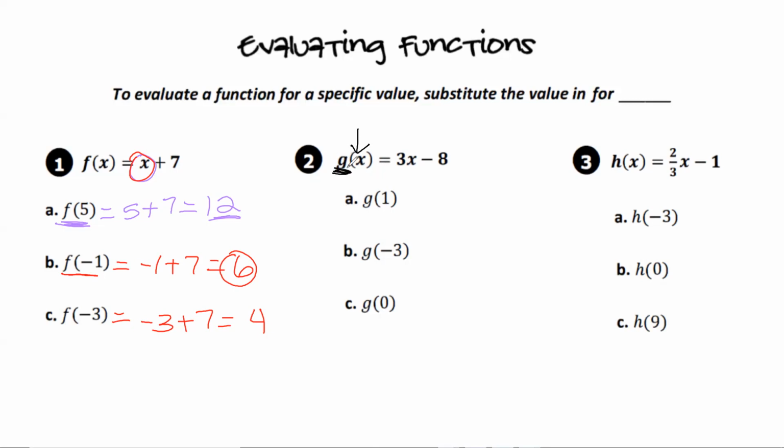This function's name was f. Okay, so we're going to take 1 and plug it in here. So we got 3 times 1 minus 8. What's 3 times 1? And then 3 minus 8 is, okay, so g of 1 equals -5.